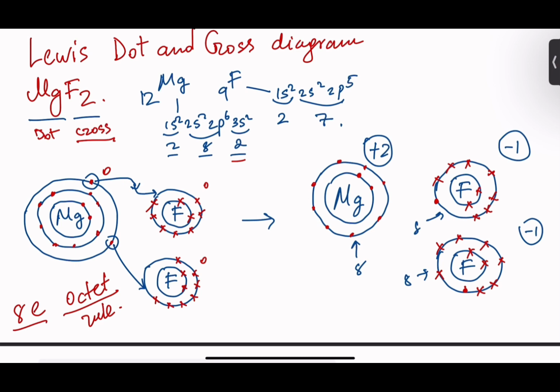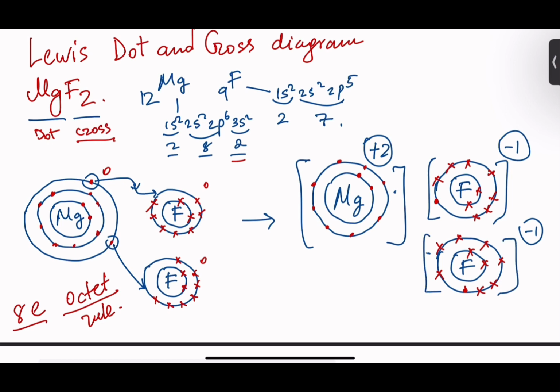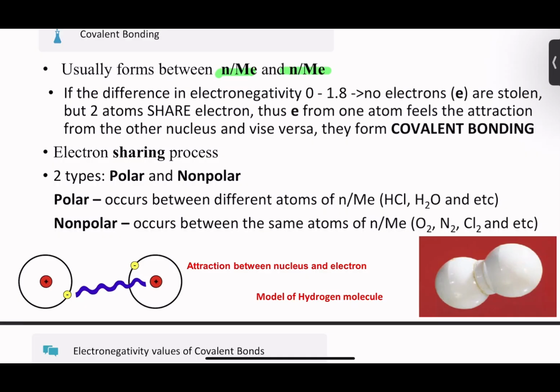And now they start attracting each other. I'm just going to remove these ones. Now this is how the shape looks. I'm going to put each in brackets. So this is the Lewis dot and cross diagram for magnesium fluoride.